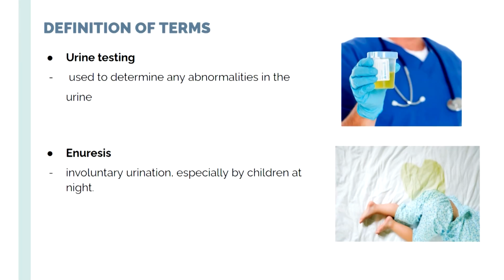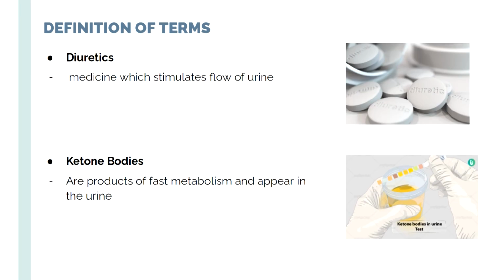First we have the definition of terms. So first we have urine testing, which is used to determine any abnormalities in the urine. And next we have enuresis, which is involuntary urination, especially by children at night. Then we have diuretics, which is medicine that stimulates flow of urine.